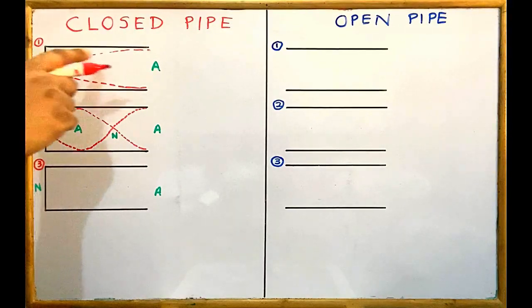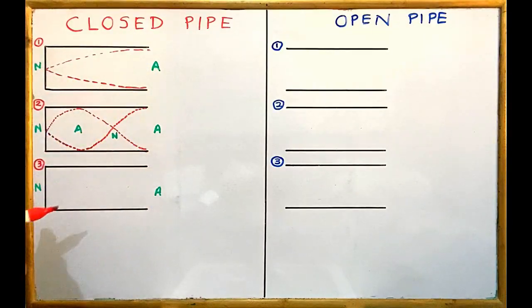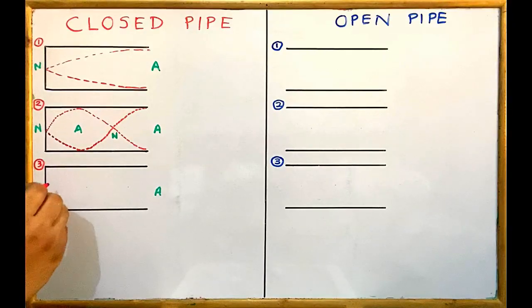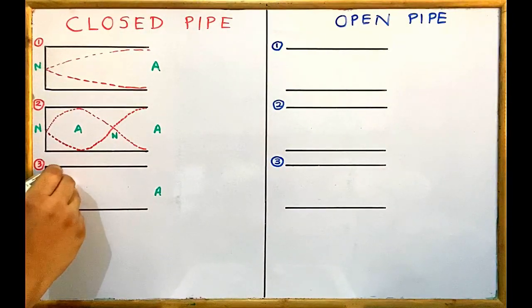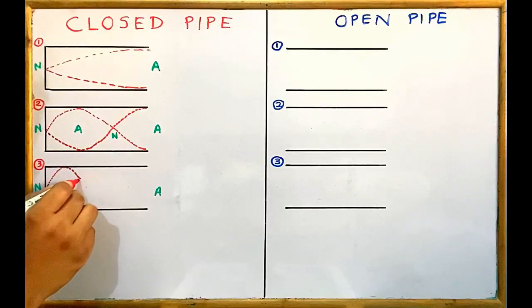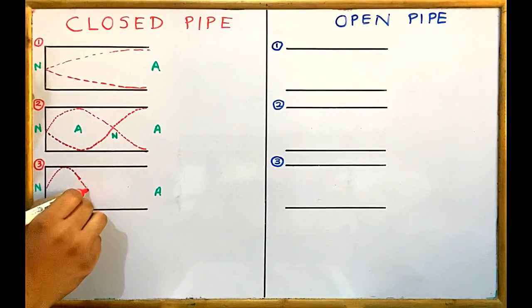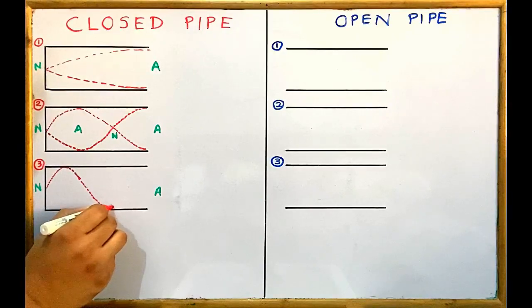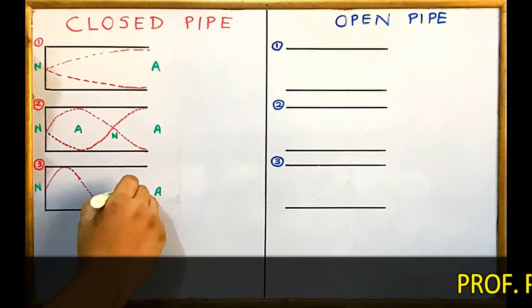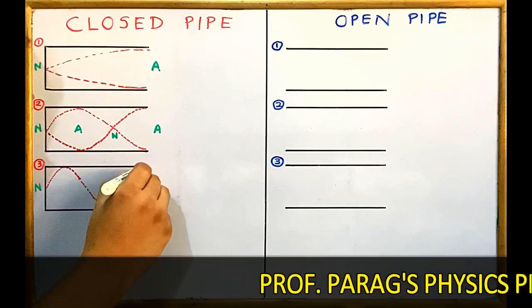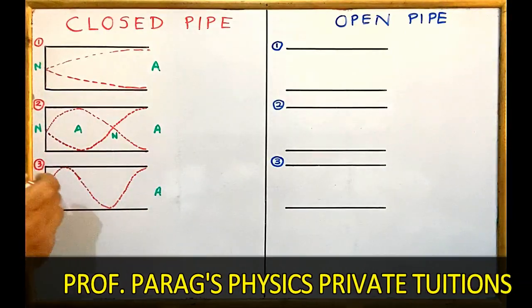So one node, one antinode, two nodes, two antinodes. Now we will have three nodes and three antinodes. So how to draw that? Something like this.